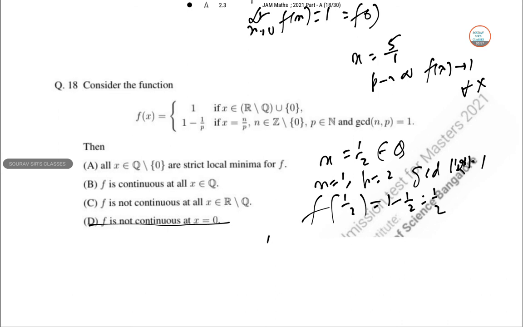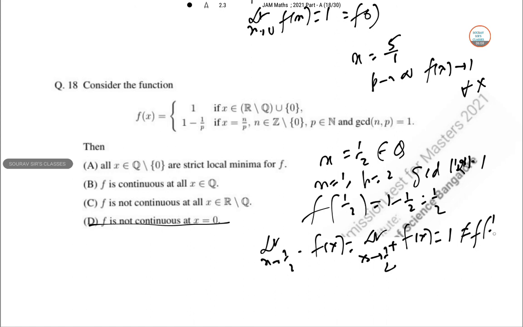So limit x tends to half minus f(x) is limit x tends to half plus f(x) equal to 1, not equal to f of half. So obviously it is not continuous at x equal to half as well. So as a result of that, the only option which is correct is strictly local minima for f. So 18 is done.